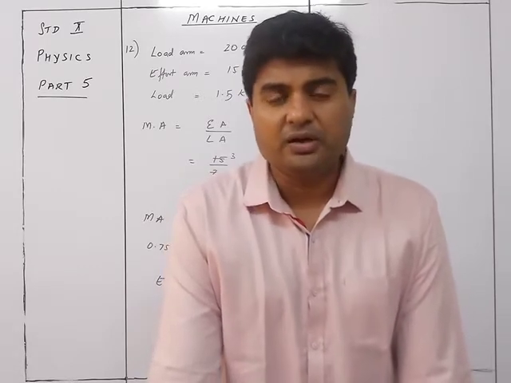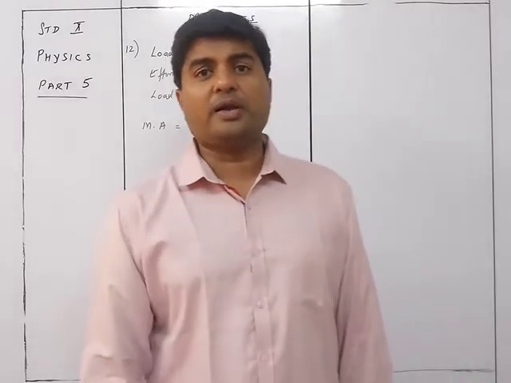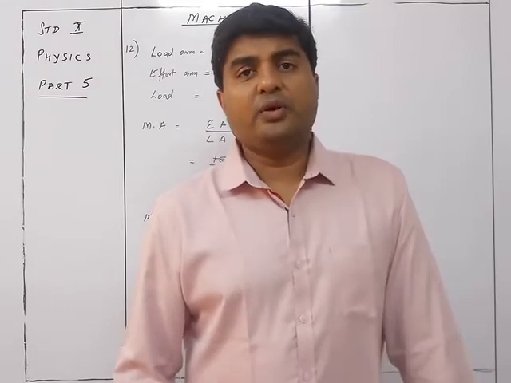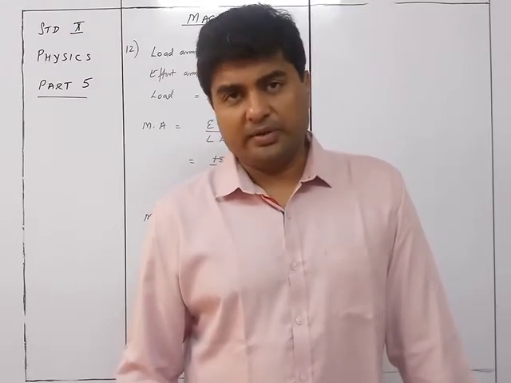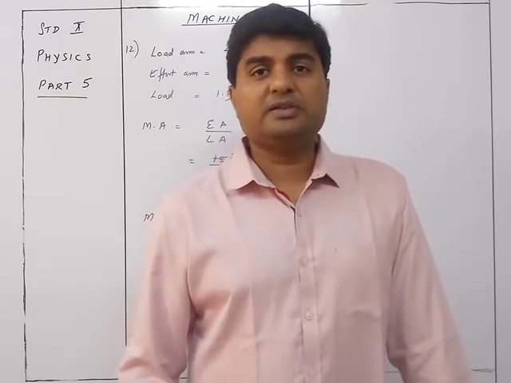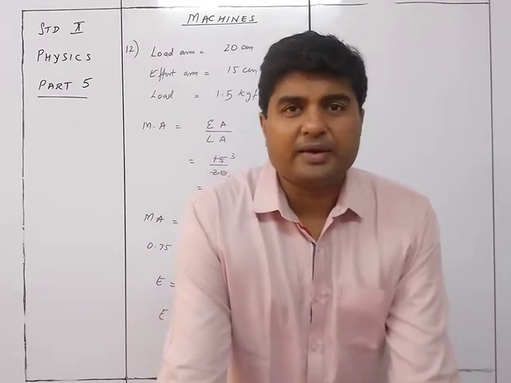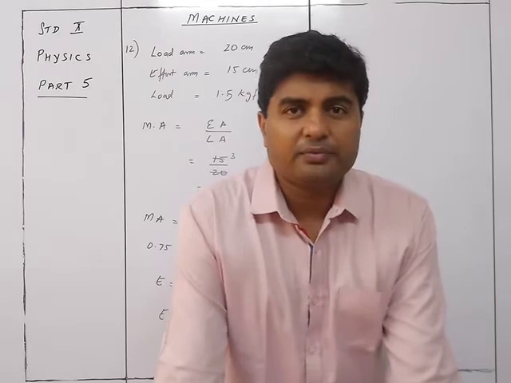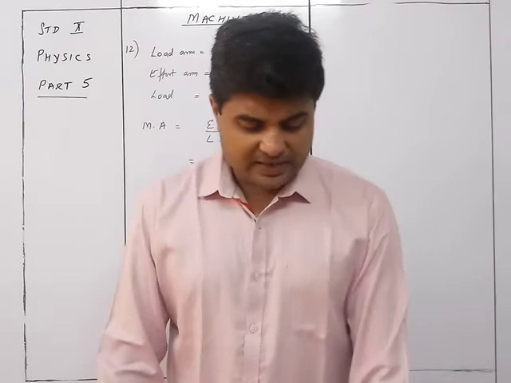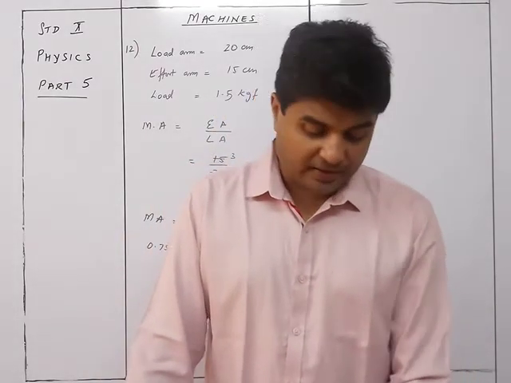You can make a rough figure about the position of the load, position of the effort, position of the fulcrum, accordingly finding out the load arm and the effort arm. What is the load arm? The distance between the fulcrum and the load is the load arm. The distance between the effort and the fulcrum is the effort arm. So once you know these points, you get the mechanical advantage, and finally with the mechanical advantage you can find out the effort also. So these are the different numericals which are over here.